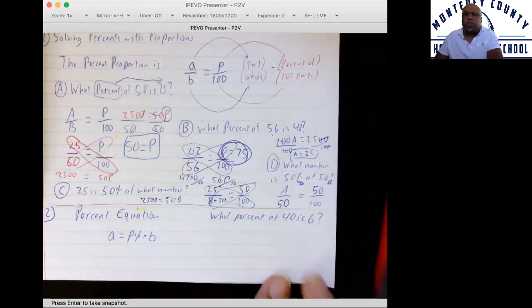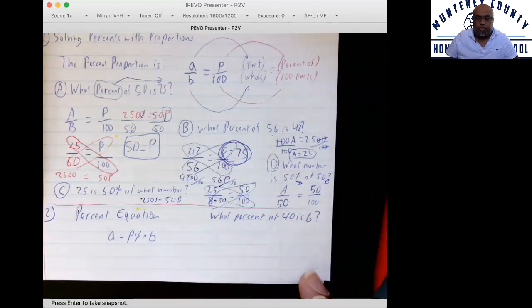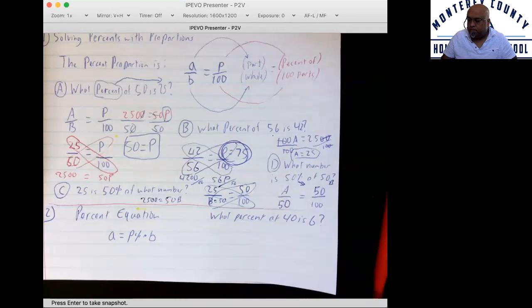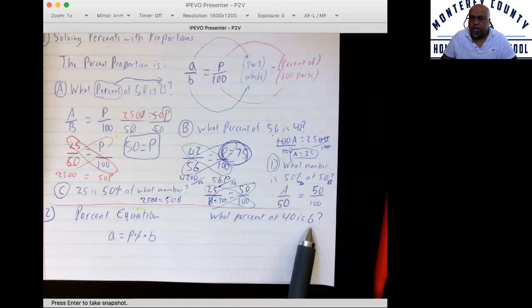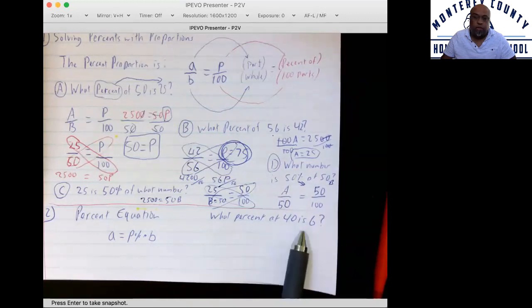Now I want to just be careful because you can have percents over 100%. Someone might put a really tricky question in there that might say something like, what percent of 40 is 200? Okay, and if you just look and say, well, 200 is the big number, so that's the whole, and 40 is the small number, so that's the part, and then put them in that way, you're going to get it wrong.